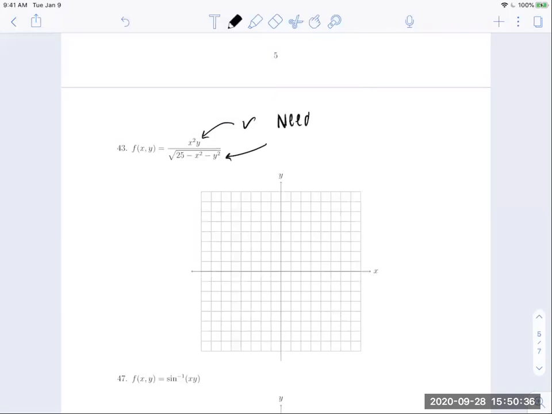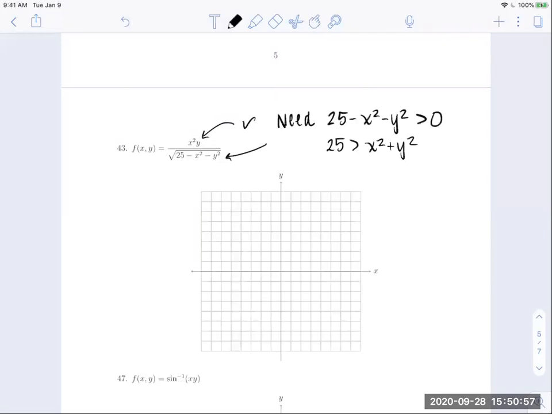So we need for 25 minus x squared minus y squared to be strictly greater than 0. Again, we don't want to divide by 0, so we're going to exclude 0. So another way to say this is that 25 is greater than x squared plus y squared.